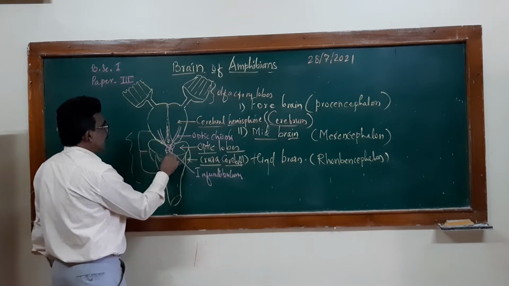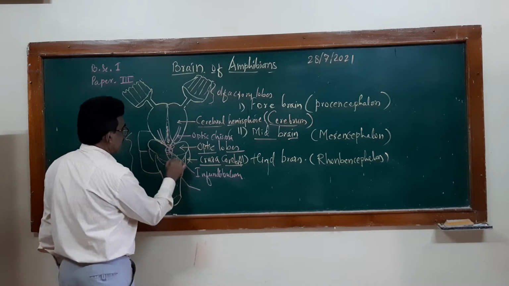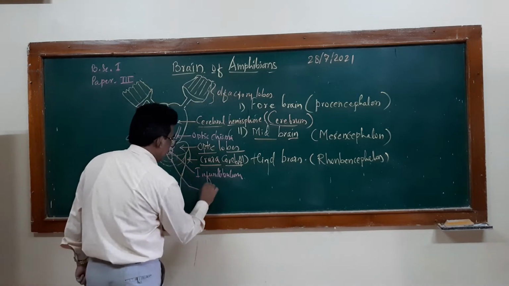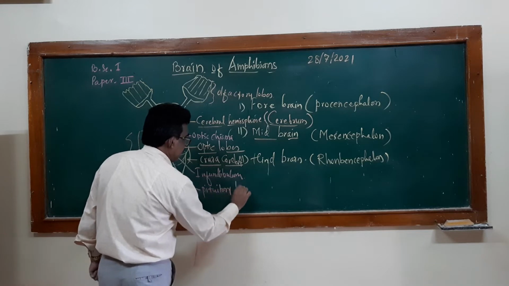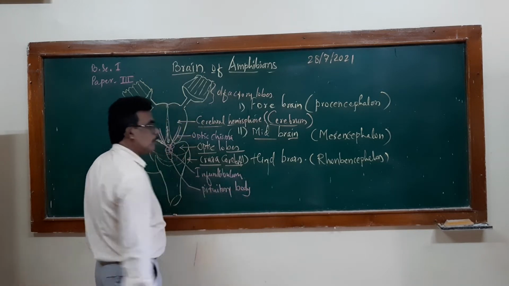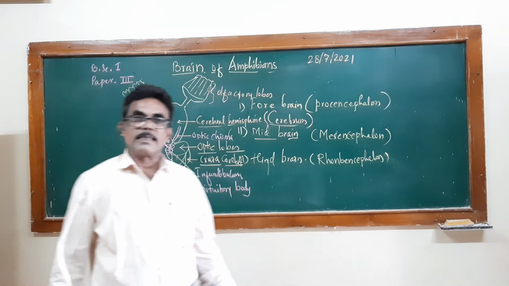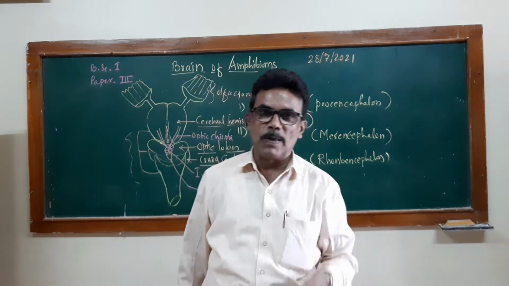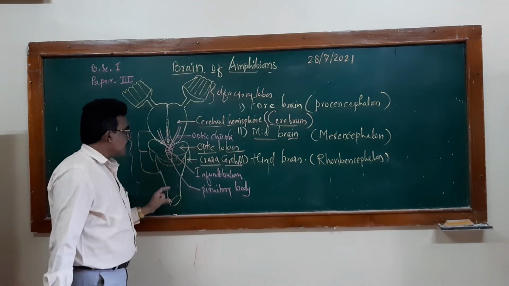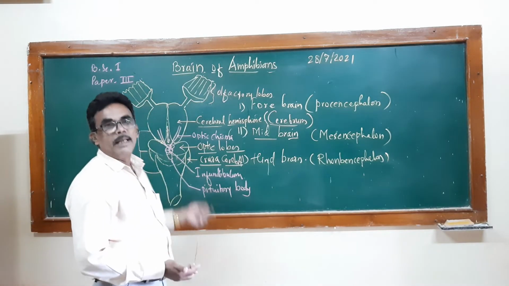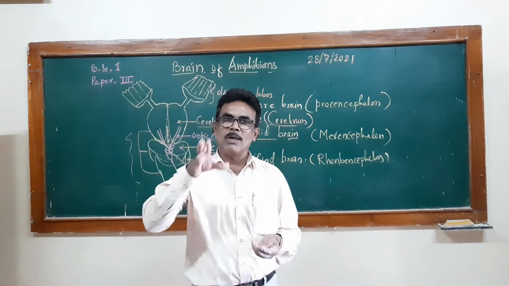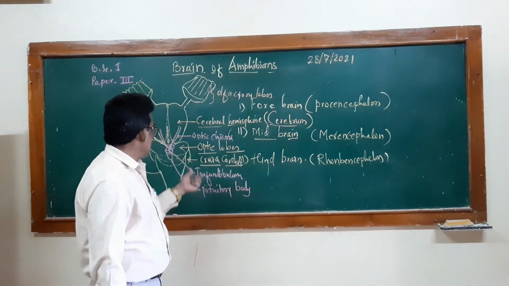And lastly here there is the pituitary body, that is the hypophysis. So all these parts are found in the midbrain region at the ventral side of the brain. From the dorsal side we can't see these parts.